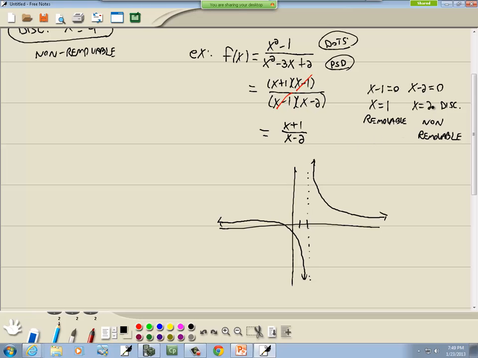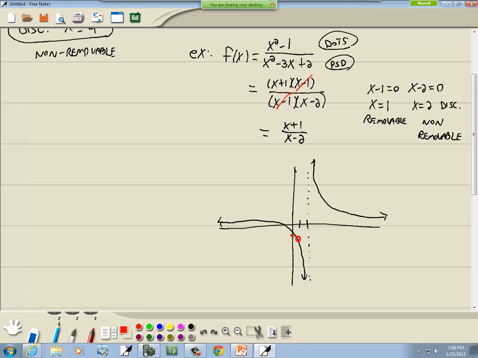Okay, now we said it's non-removable at x equals 2. We actually have a vertical asymptote there. And you see how we have one piece going up like this, and we have one piece going down like this. Now this other one that's removable is at x equals 1. What we're going to find there at x equals 1 is an open hole in our graph. Now the TI-83, TI-84 will not show that, but that's an open dot. Doesn't exist there.